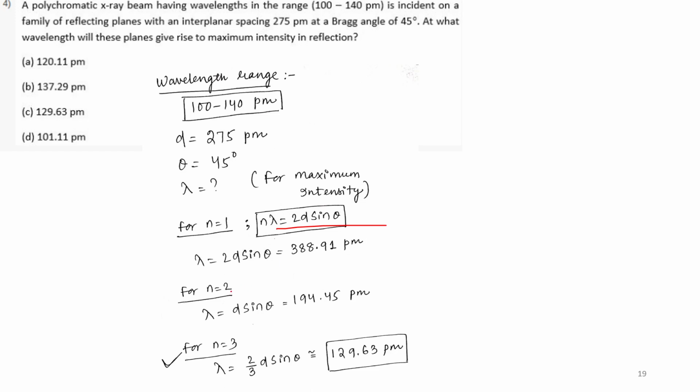Similarly, for n equal to 2, lambda is equal to 194, and for n equal to 3, lambda is equal to 2 by 3 d sin theta. Substituting the d value and theta value, we get 129.63 picometer here. So please go through it.